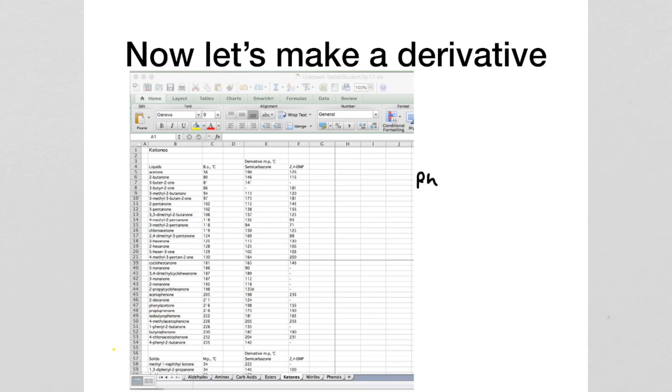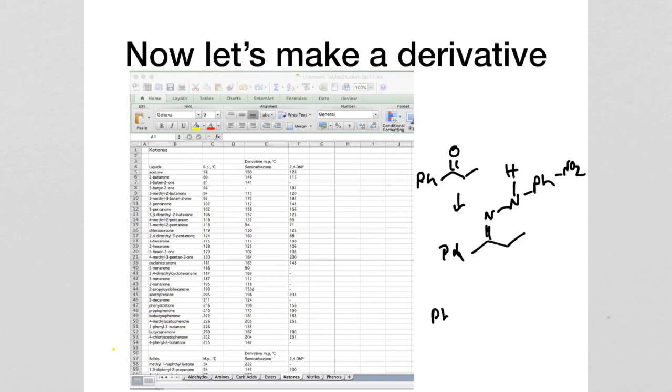So you could imagine if I took propiophenone and the derivative reaction would be to make one of the possibilities, the 2,4-dinitrophenylhydrazone derivative. And it actually looks like this. So that would be the 2,4-dinitrophenylhydrazone you would make from propiophenone.